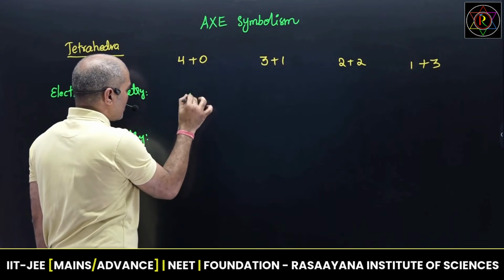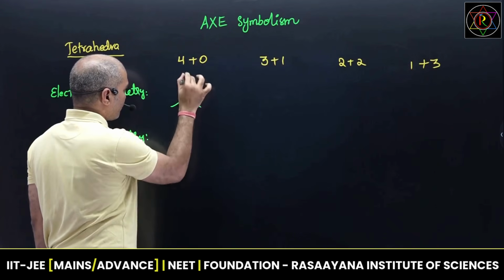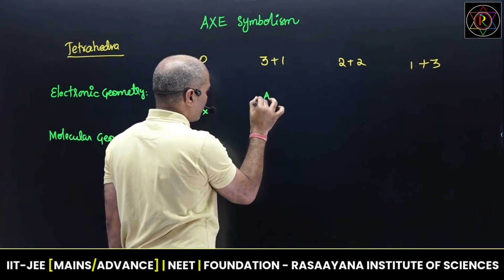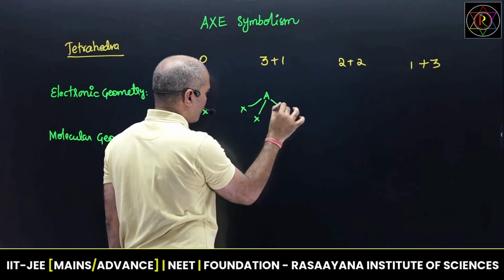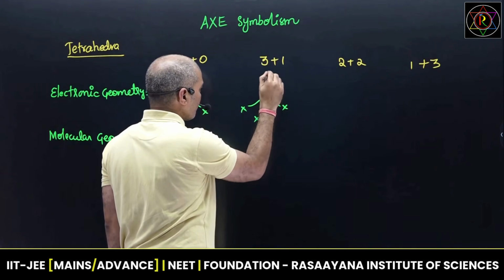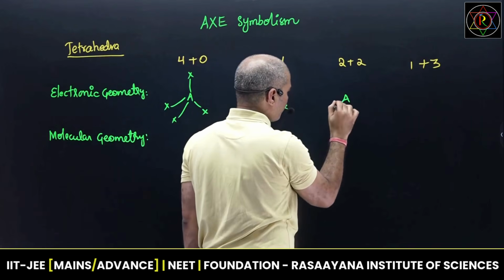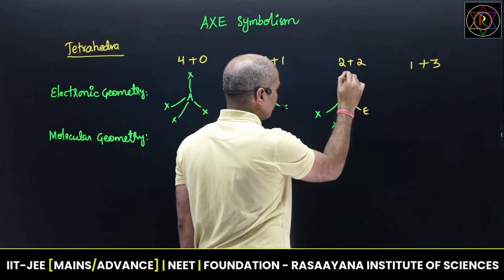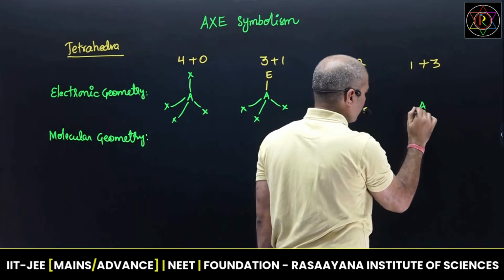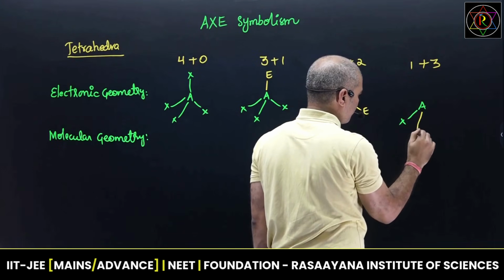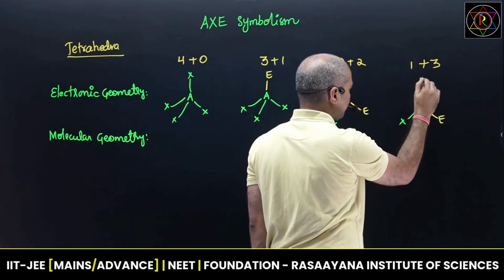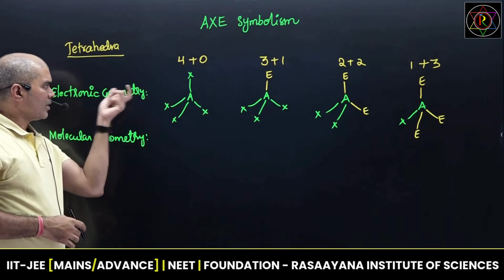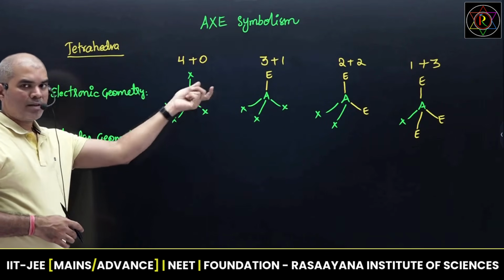From the AXE symbolism, this is 3 plus 1, 2 plus 2 and 1 plus 3. So in all these, the shape or the geometry which is called the electronic geometry is tetrahedral.